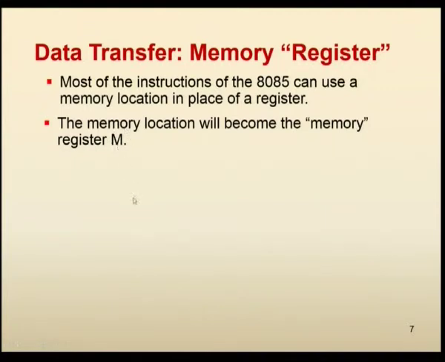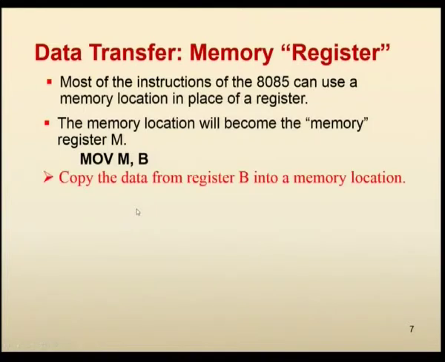M means it is a memory operation. For example, MOV M, B means the data has to go to the memory. Instead of M, if there is C, B, D, E then it is a register. M means it is always memory. What it does is copy the data from the register B to the memory location.